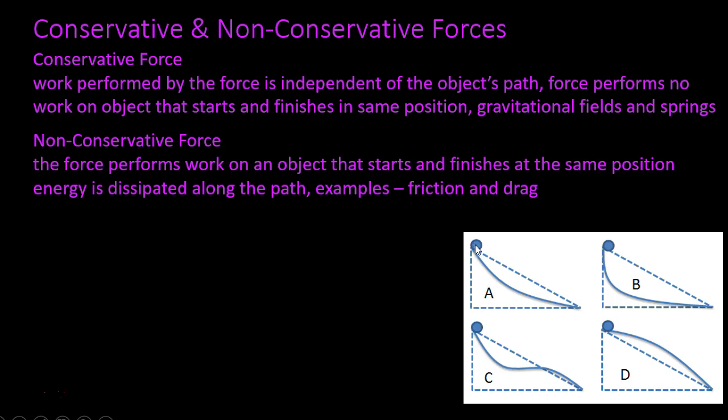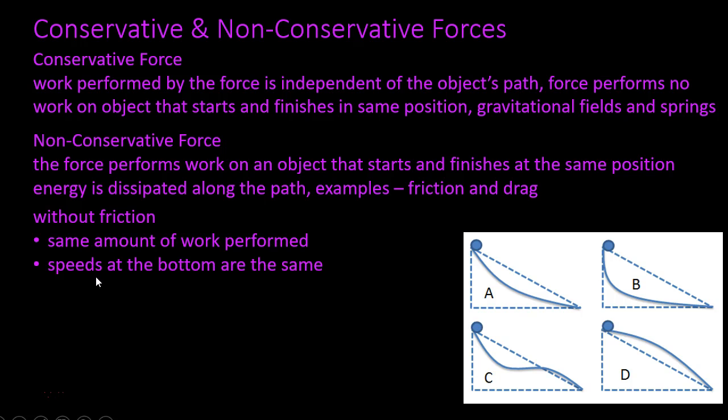The balls all start at the same height and they'll all end at the same height. Without friction, in other words, with only the conservative force of gravity acting on it, the same amount of work is performed in all 4 instances as the ball rolls down to the bottom, and the ball will be at the same speed at the bottom of the ramp in all 4 cases.